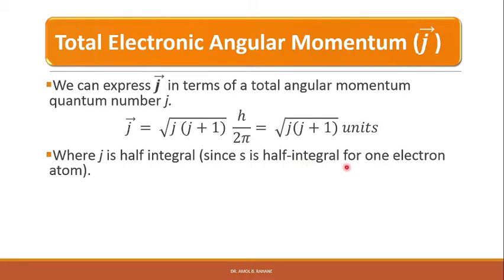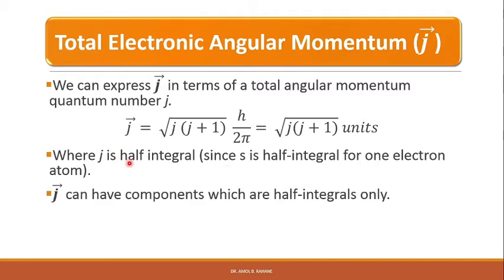And therefore this J quantum number is half integral only. So J vector can have components which are half integrals only because J is half integral. Jz values are given by plus or minus J, plus or minus J minus 1, and so on, up to 1 half, right?